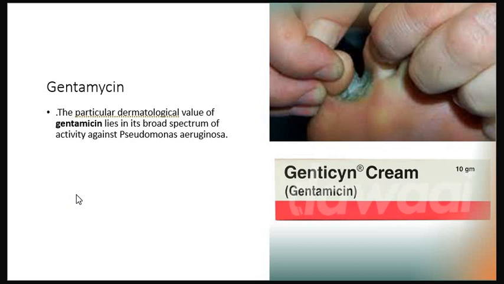So pseudomonas aeruginosa is caused by gamma proteobacteria, and it is usually seen as a greenish coverage over the damaged area. The antibiotic that is active against Pseudomonas aeruginosa is gentamicin, and gentamicin comes in the market in the form of cream, and gentamicin eye drops as well.